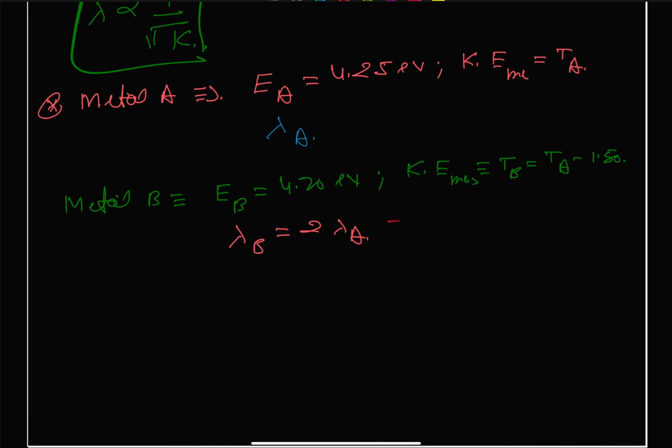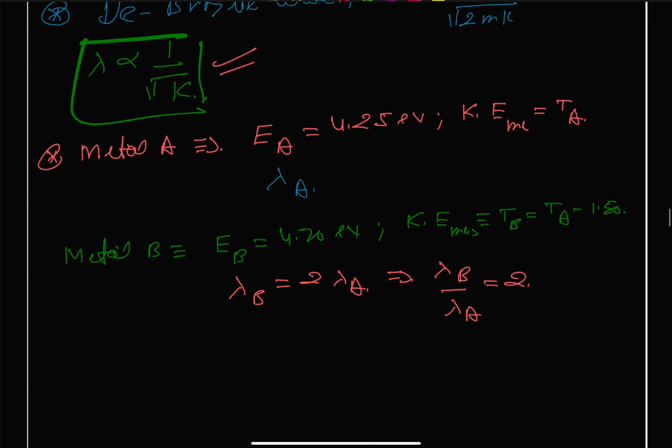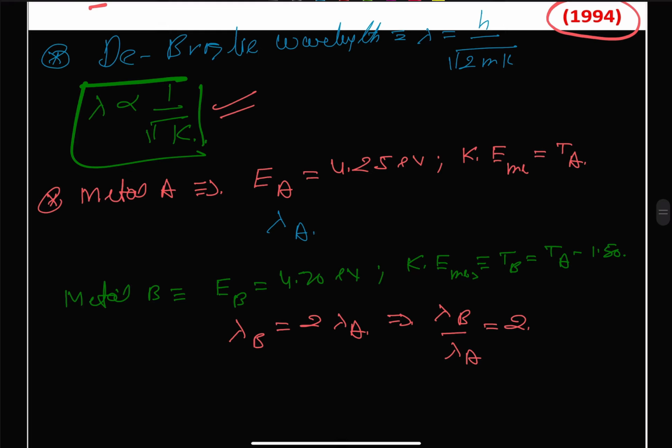So from here we can say that our lambda B upon lambda A is equal to 2, and we already know the relationship of our De-Broglie wavelength with respect to kinetic energy. Here kinetic energy is represented as T. So let me write it.